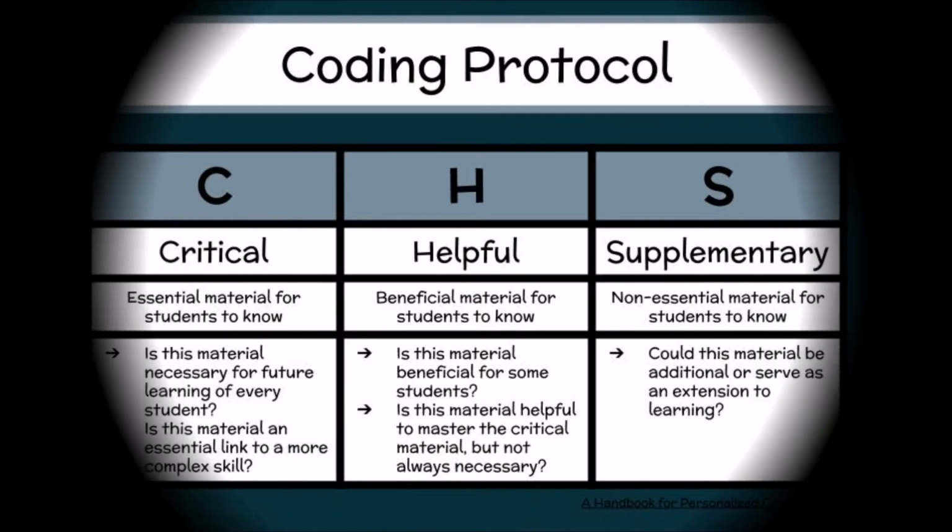So take a look at this next slide. This next slide will show you the process that we used. We call it the coding protocol. So you can start to look at and understand the difference between what it means for something to be critical, what something means when it's helpful, and what it means when it's supplementary.